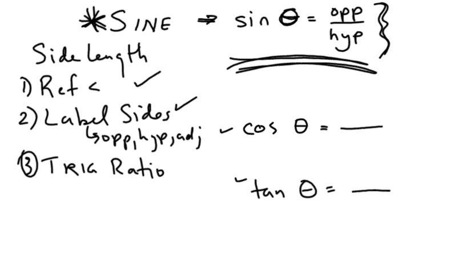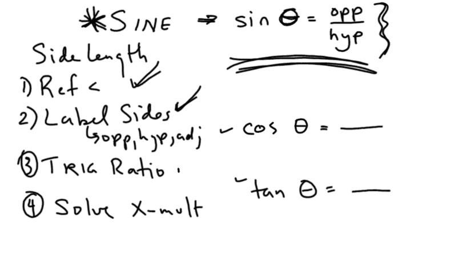That's all we're focused on right now. And the last thing we did was solve for the side by cross multiplying. Reference angle, label your sides, put your trig ratio down, and solve with cross multiplying over and over.